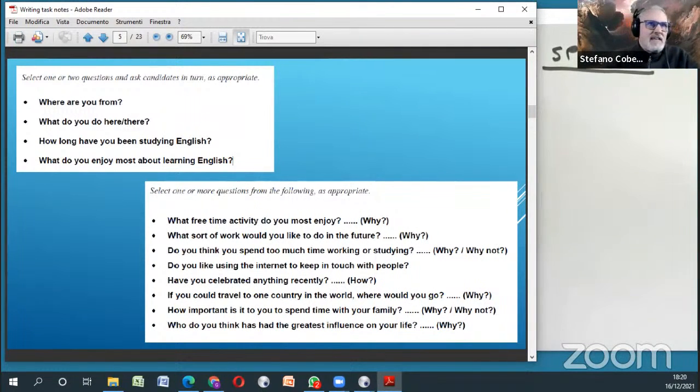Now, here this says select one or more questions. This is actually the examiner. This is what the examiner would have on their sheet. So according to what they feel like, what side of the bed they got up out of that morning, they could ask you all sorts of different things.